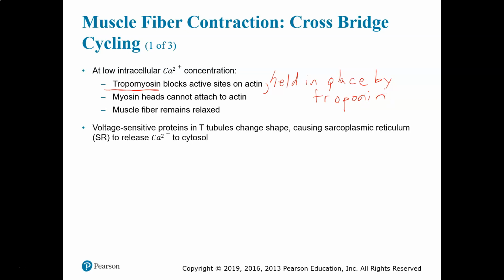The myosin heads cannot attach to the actin, so what happens is the voltage sensitive proteins in the T tubules change shape, and they cause the sarcoplasmic reticulum to release calcium ions into the cytosol.